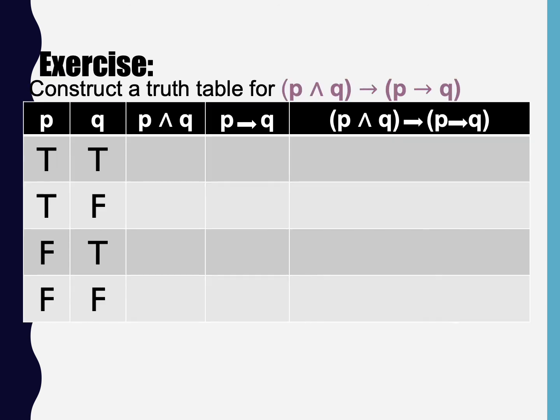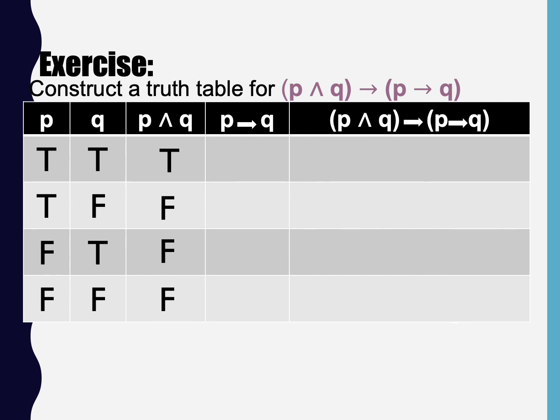So let's try this example. Construct a truth table for if P and Q, then if P, then Q. So first, create a column for P and Q, or the conjunction of P and Q. So from the previous discussion, it will give you true, false, false, and false.